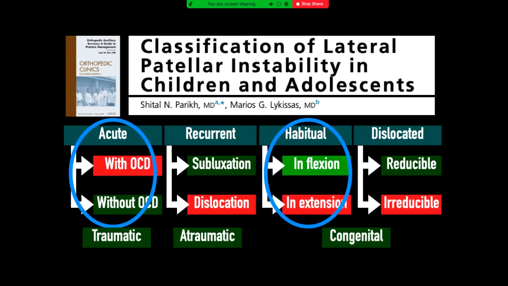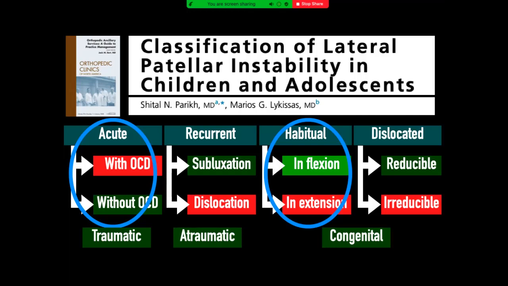So many cases of acute dislocation, if they have some predisposing factor like trochlear dysplasia, high patella, these cases will go on to recurrent dislocation. Otherwise, many of these acute dislocations will not go on to recurrent dislocation. Habitual dislocations are the cases where there is minimal trauma, the dislocation may be atraumatic, and in habitual cases there will be 100% some form of predisposing factors like we have mentioned.